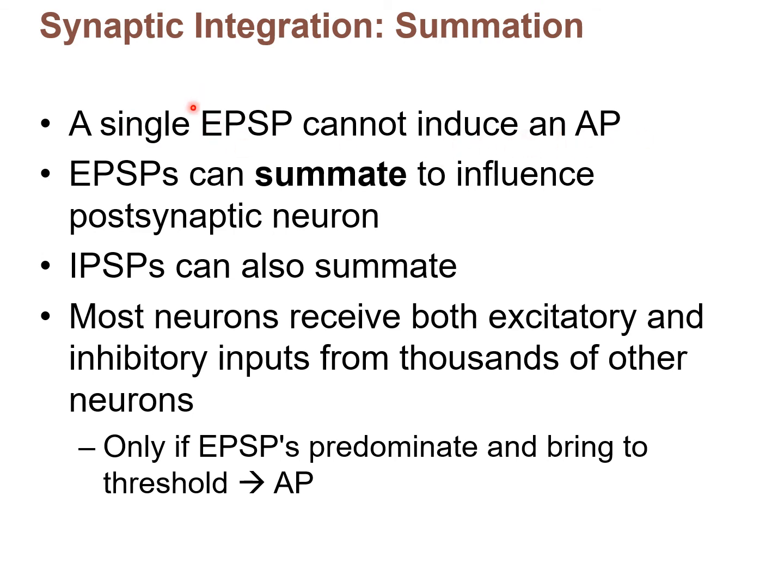Even though it's excitatory, it's not going to get to the axon hillock, because it's a graded potential, meaning it's going to lose steam as it travels towards the axon hillock. So one single little excitatory postsynaptic potential from one little stimulus is not going to cause an action potential. What you have to do is take a bunch of these excitatory postsynaptic potentials and add them together, and adding is summing. So that's called summation. And that summation has to reach threshold at the axon hillock.